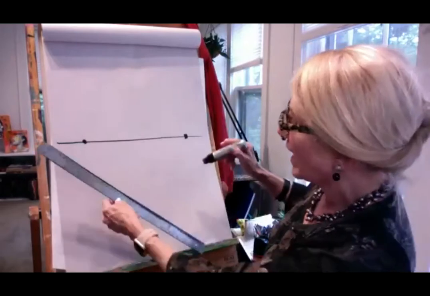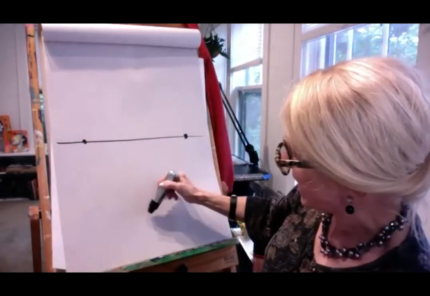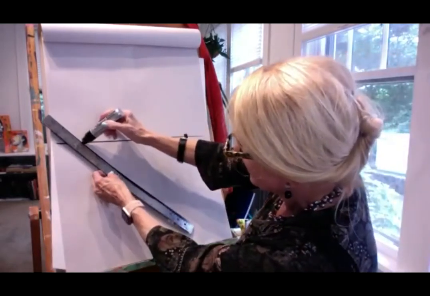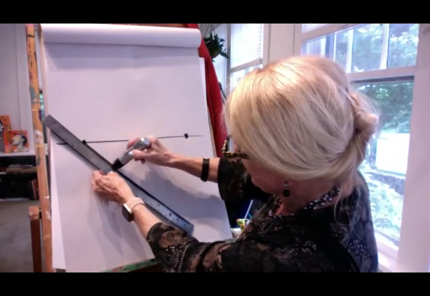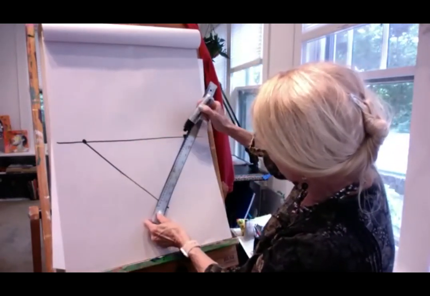So if I have a building, I'm not going to make a dead center. I'm going to make my corner a little askew. So maybe that's a little too much.